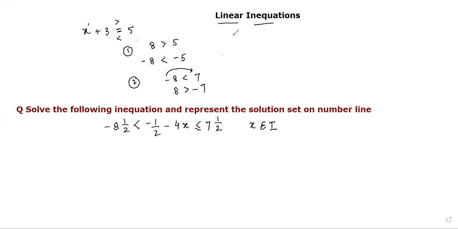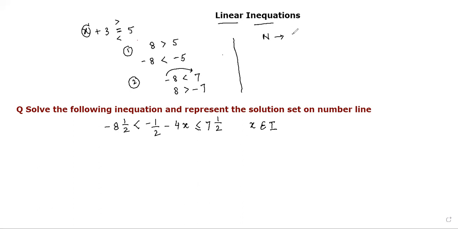Before I jump to this question, let me also tell you the very basics of class 6th and 7th: what is a natural number. Very often in this exercise, you will see that x is an element of natural numbers, whole numbers, integers, or real numbers. So what is a natural number?